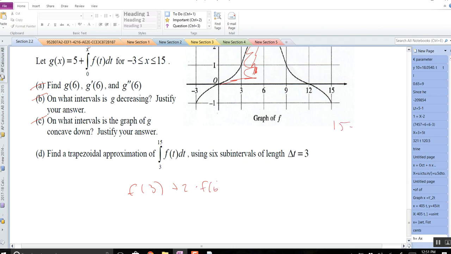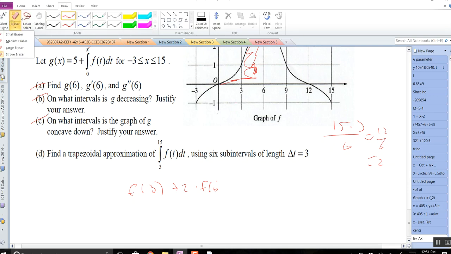Actually, 15 minus 3 divided by 6, which is 2. So take that back. So if I erase this, so I'll just cross it off.